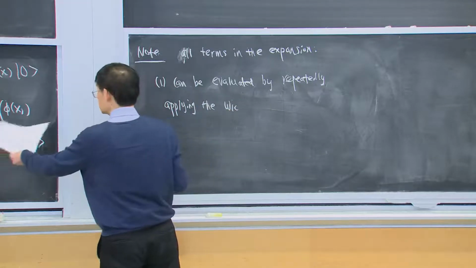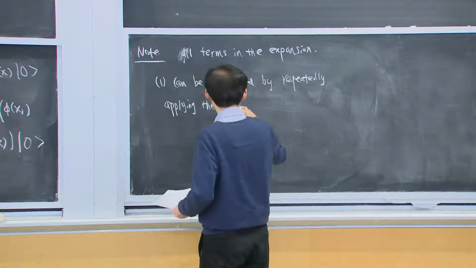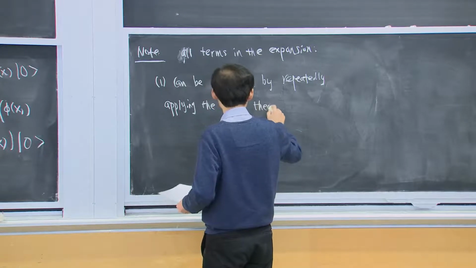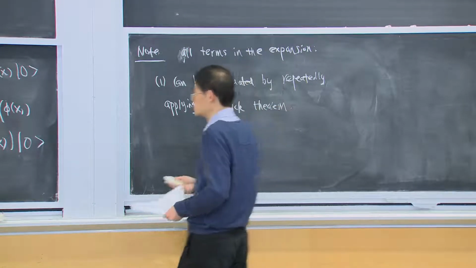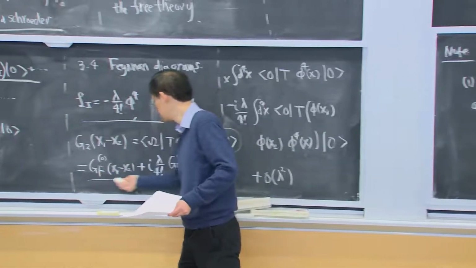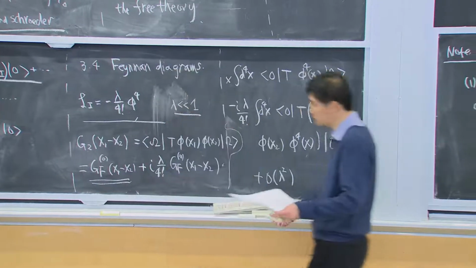Any such function factorizes into 2-point functions, and the 2-point functions are essentially just given by GF0, the free theory 2-point function.